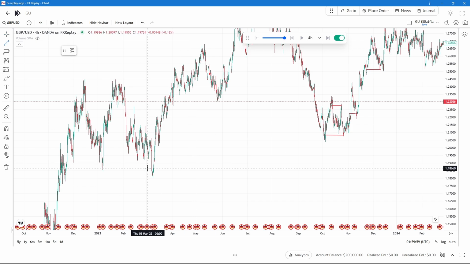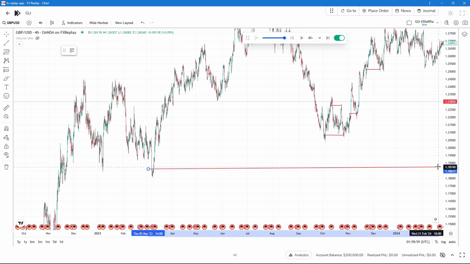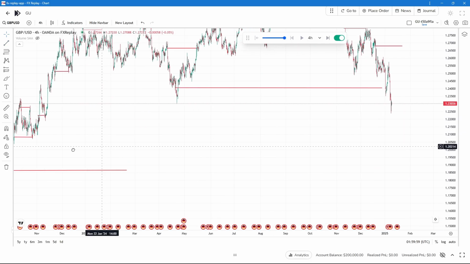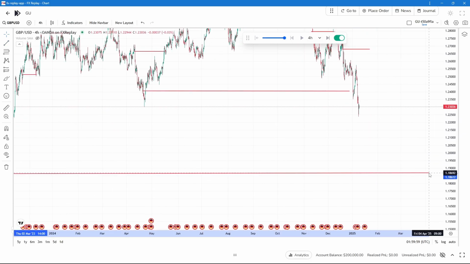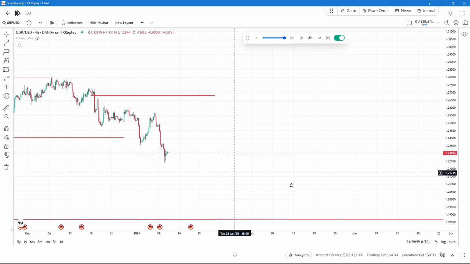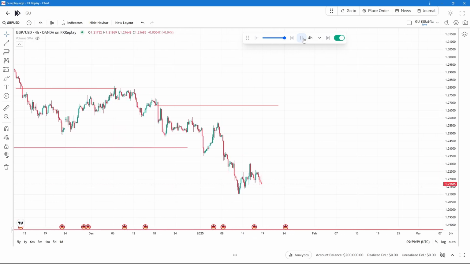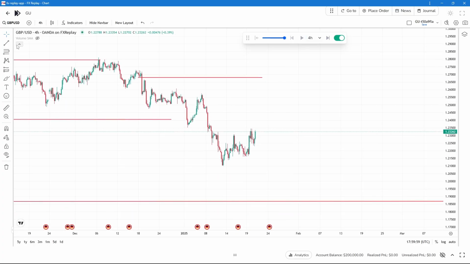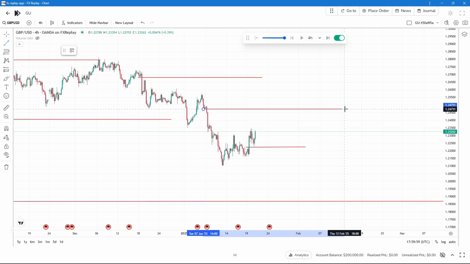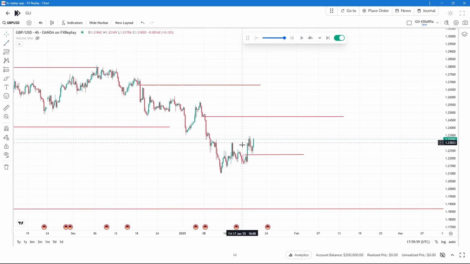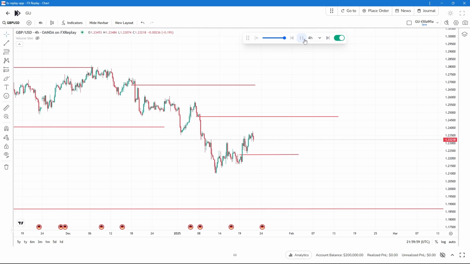Imbalance here that it likes to get filled, so I'm just going to put this across. Again, let's just see what happens. No fill here. All of this imbalance is filled here. This is pretty much the next stop.